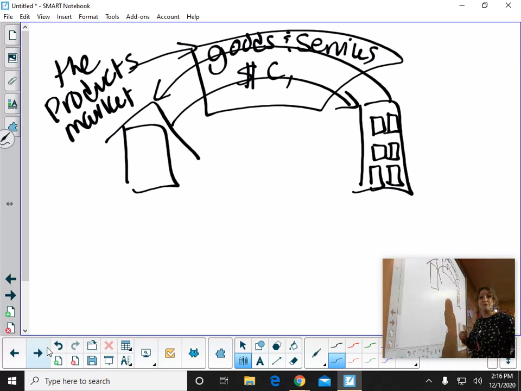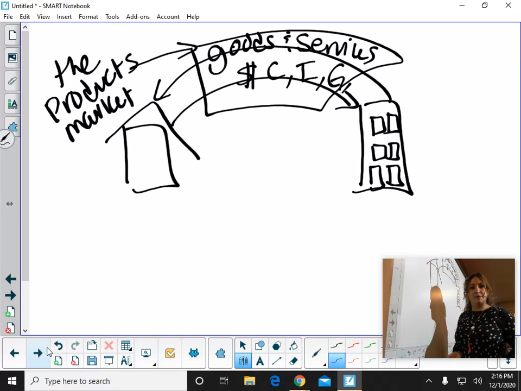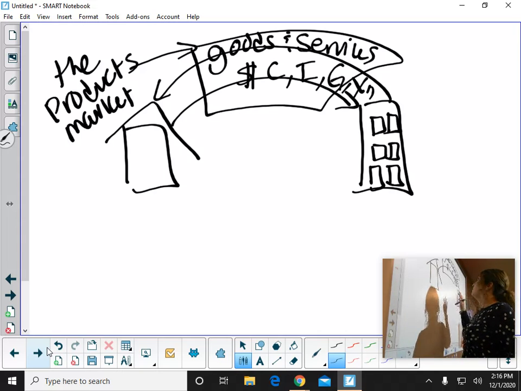Of course, businesses can buy from other businesses, that's I, investment spending. The government can buy from businesses, that's G. And foreigners can buy from our businesses, like for net exports, XN. So that dollar sign technically is the expenditure approach of GDP in the product market. But that's one way that we interact with businesses.